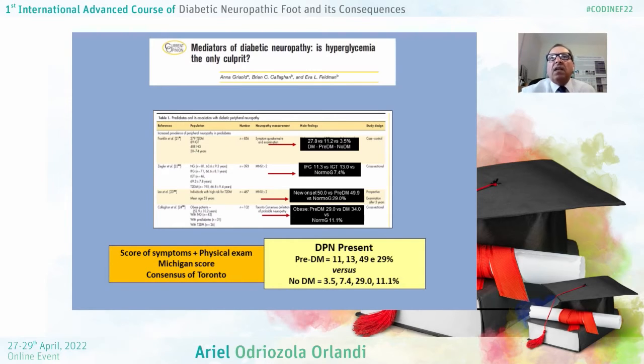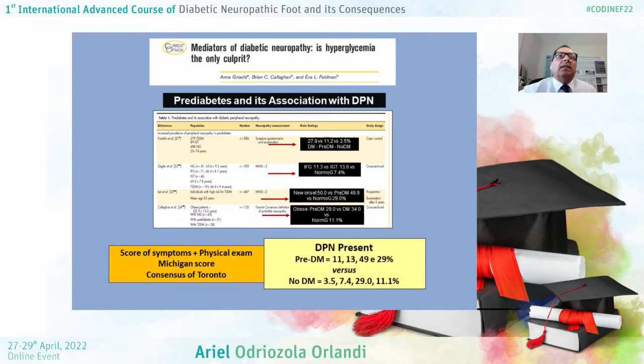You can see the different results: pre-diabetes presented diabetic polyneuropathy in 11, 13, 49, or 29% versus no diabetes mellitus in 3.5, 7.4, 29, 11.1%. In conclusion, diabetic polyneuropathy is present at a high level in patients who have pre-diabetes.